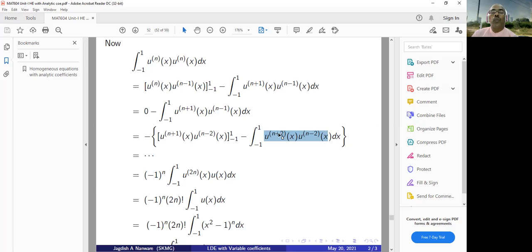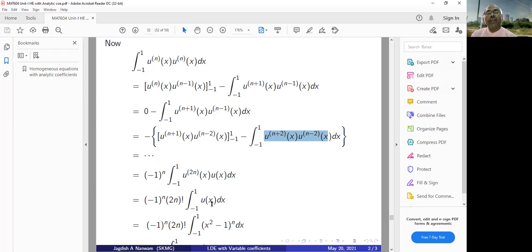That means the 2nth derivative of the first function, and here this is the function u itself. If you take its nth integral, right? So u of x, and now you can have this as minus 1 to the power n, and if you take its integral, this is 2n factorial times the integral from minus 1 to 1 of u of x dx.